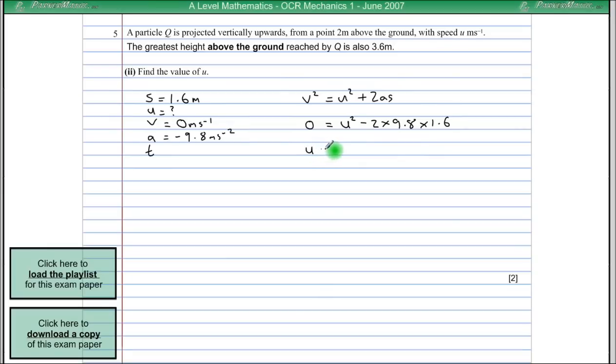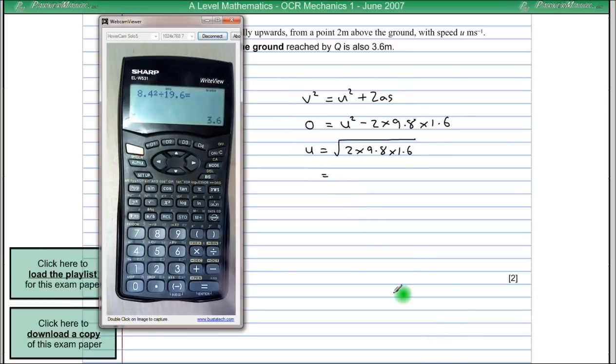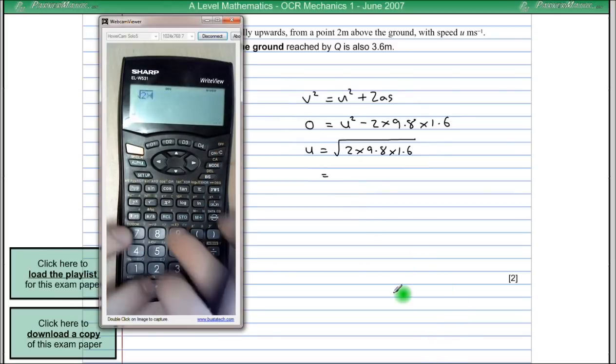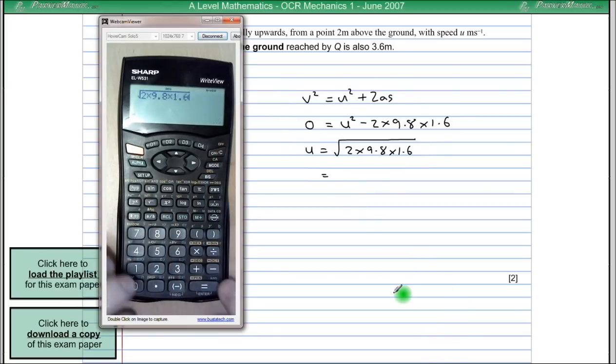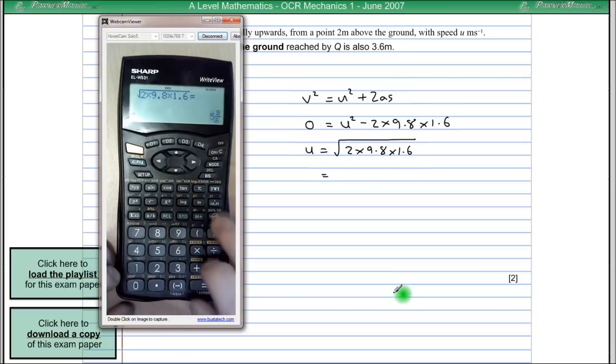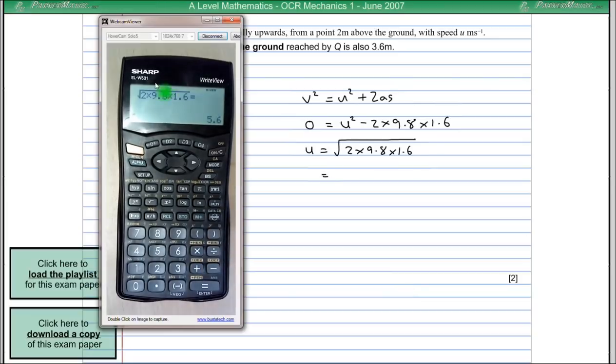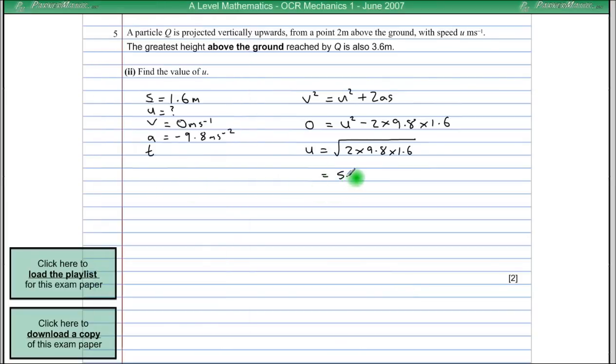So u, if we rearrange, we'll add that to that side and then square root at the same time, is going to be the square root of 2 times 9.8 times 1.6. Plug that into our calculator. We get an initial speed of 5.6 meters per second.